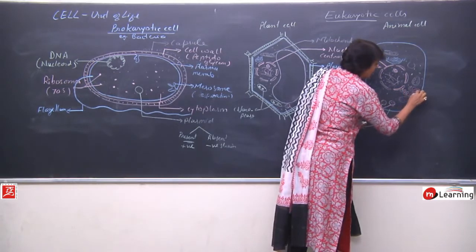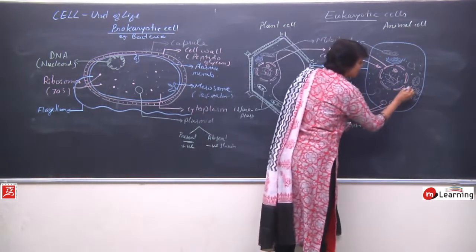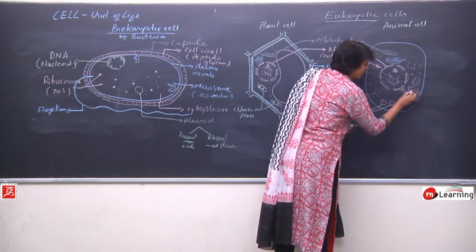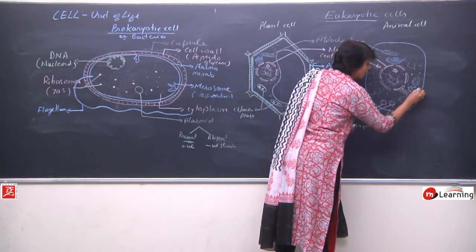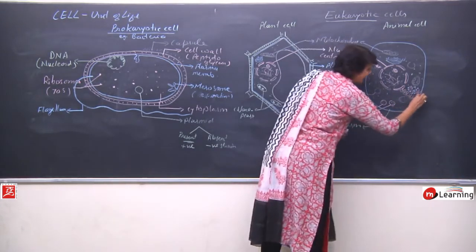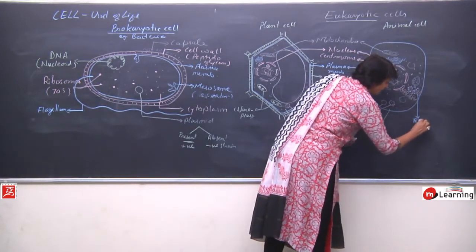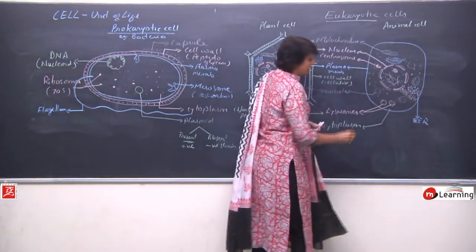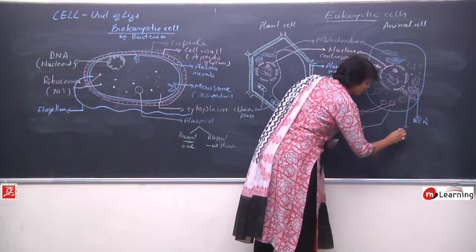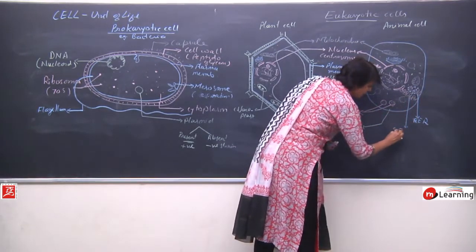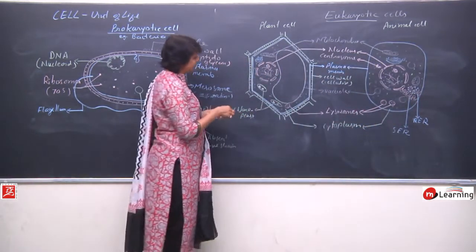Now, what makes one smooth and other one rough is presence of ribosomes on it. If the membrane is studded with ribosomes, this will be called RER, rough endoplasmic reticulum, and the one which is without the ribosomes is the smooth endoplasmic reticulum. Same would be in the plant cell.